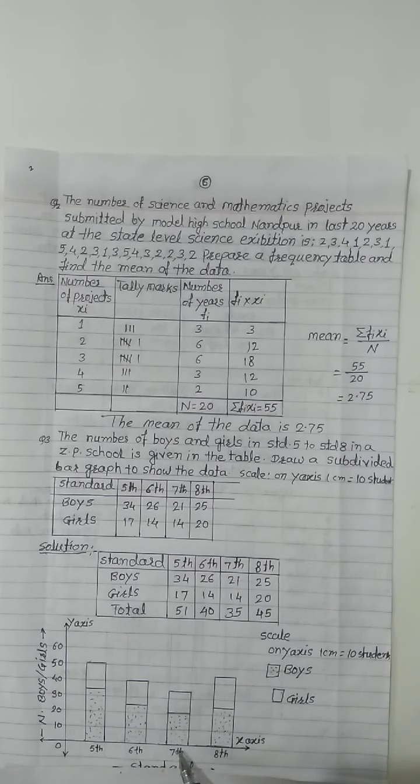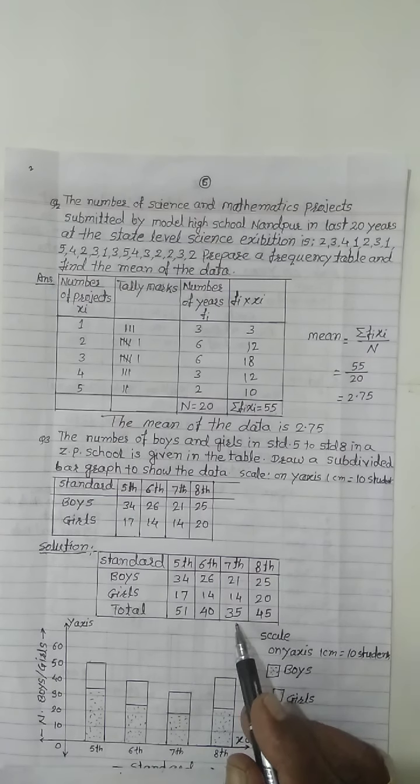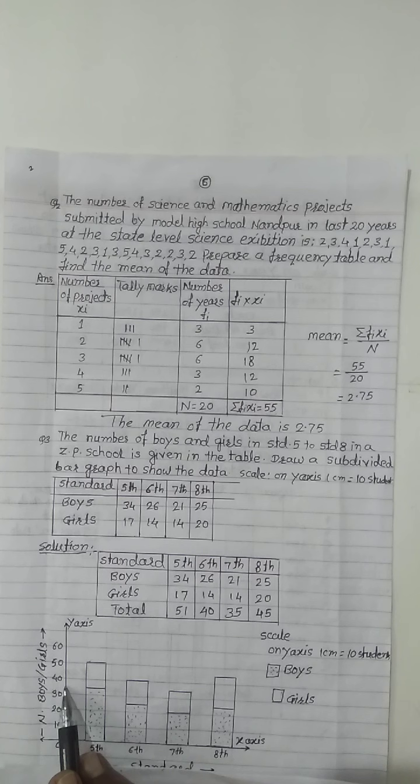Then the third bar: again take 1 centimeter of space between the two bars, and draw the third bar with height 35. See 30 and 40 below; between these two we get 35, and the width of this bar is 1 centimeter.